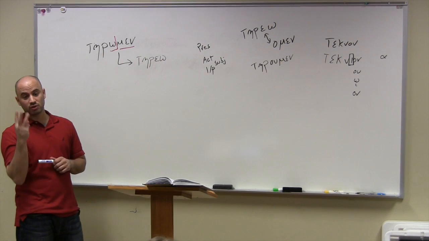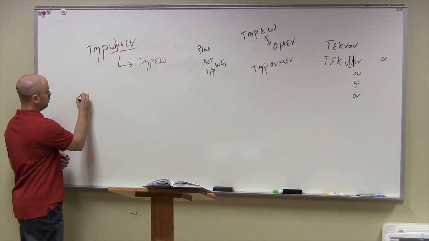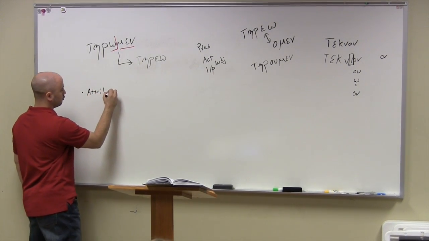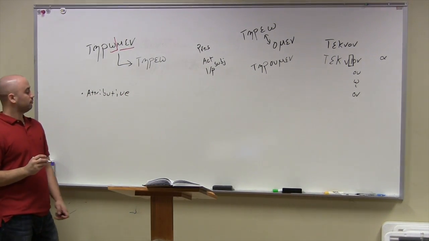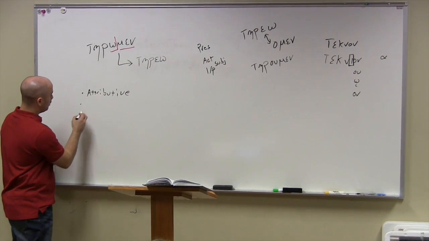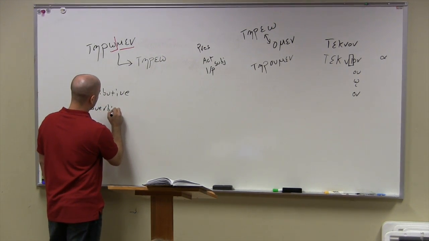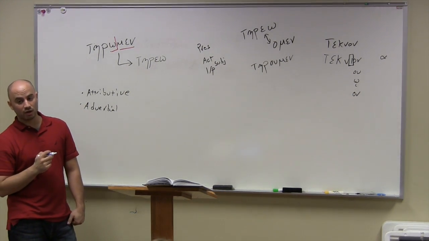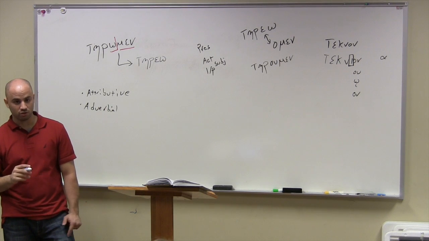Our participles can function in 3 different ways. They were attributive, just like our attributive adjective. Adverbial. So this would be something along the lines of though he said, while he said, after he said, because he said, something along those lines.